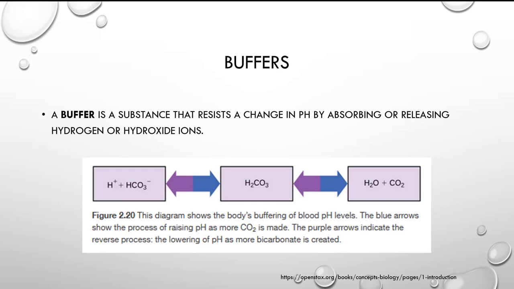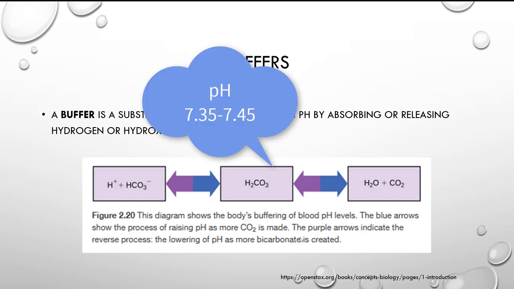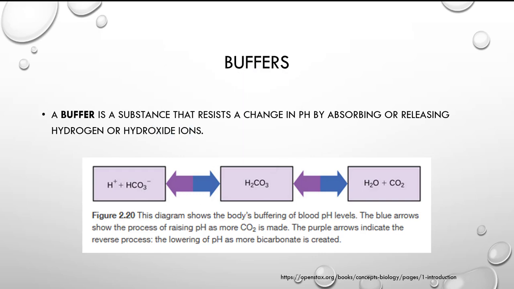For example, here we have something that happens in our body. As I said before, our blood pH is right about 7.35 to 7.45, slightly alkaline.